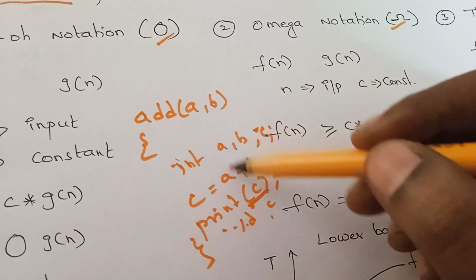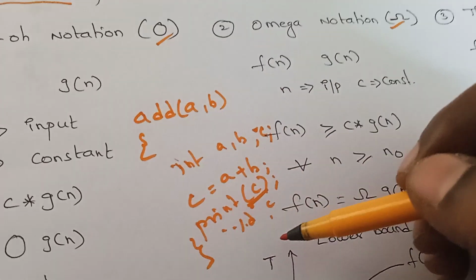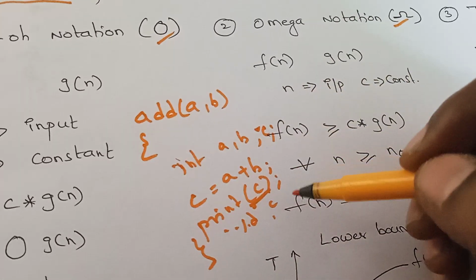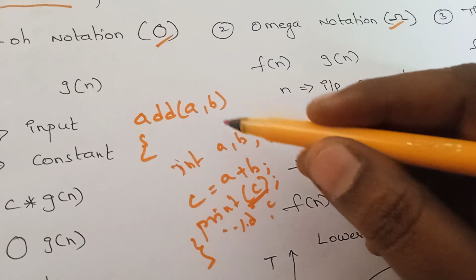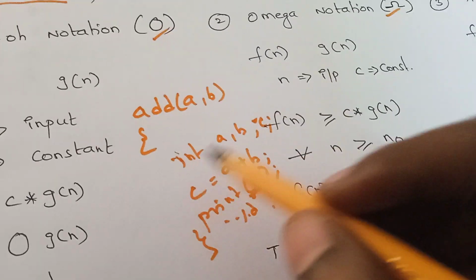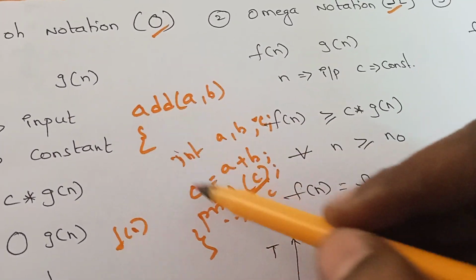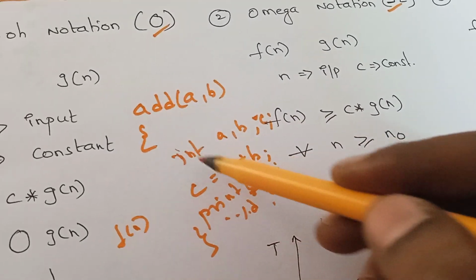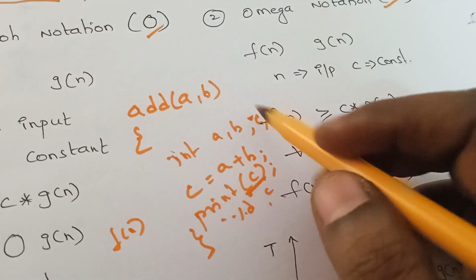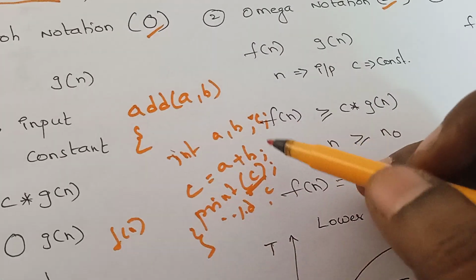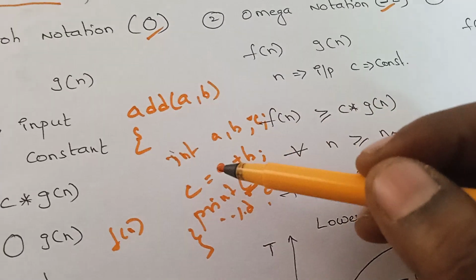As this program is written using sequential statements, that means there is no selection statement and no condition which can be repeated, so every line will get executed, right? My f of n, the lines of code, is 1, 2, 3, 4, 5, 6. There are 6 lines of code, and all 6 lines will get executed. So the time complexity of this is constant time, which is 6.